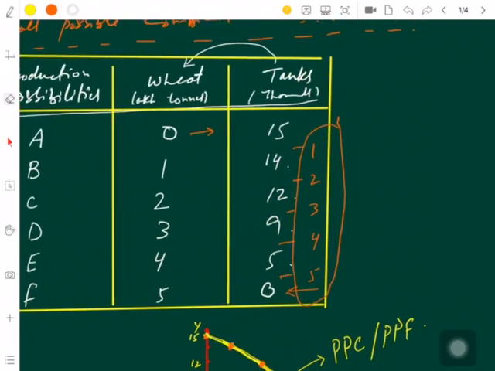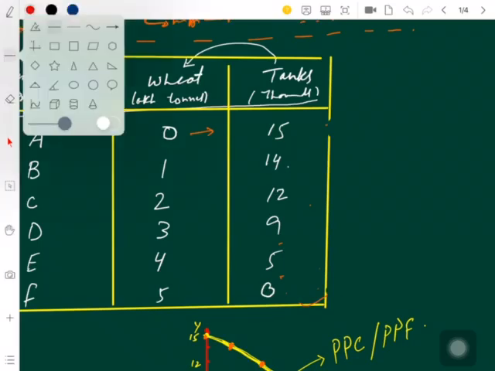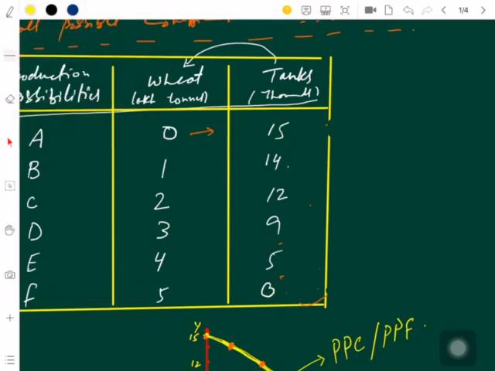Let me, for you people, do one more thing. After completing the production possibility schedule and production possibility frontier, I will add one more column to this very discussion, where we will calculate exactly the third thing, marginal opportunity cost of wheat or marginal rate of transformation.